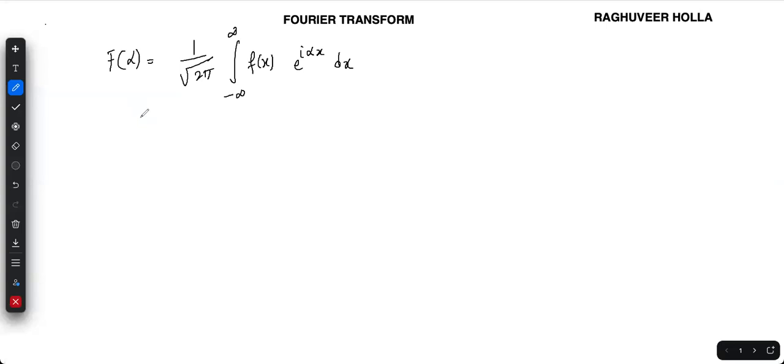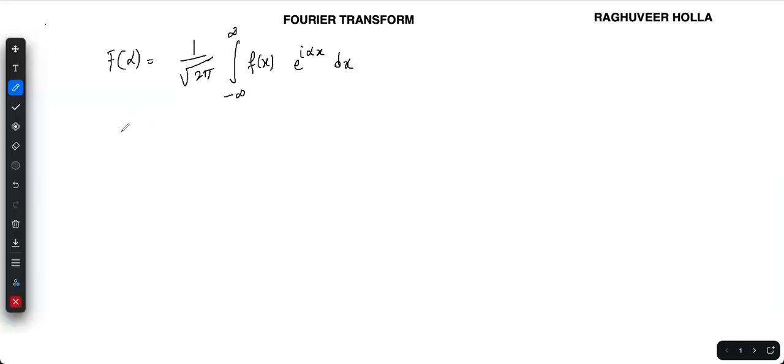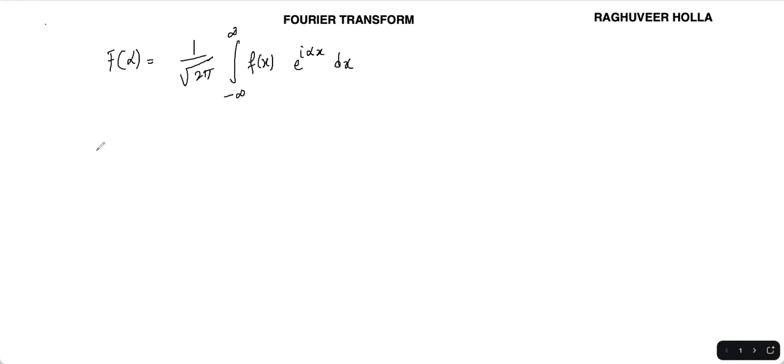So let us find the Fourier transform of this, which is f of x.